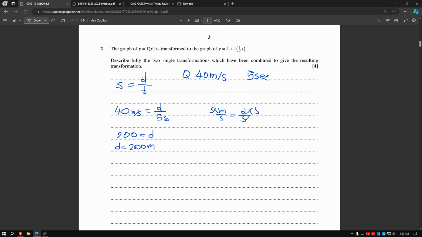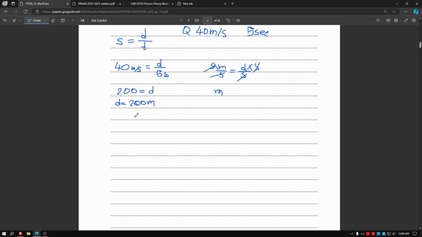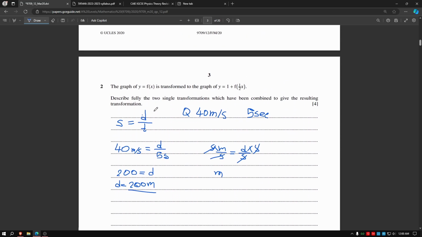Or you can also think about it as taking the s and side changing so it becomes multiplied. So this cancels out. What are you left with? The m, the meter only. So think about it only in terms of units. What if you side change the units? The units are also going to change. So only 200 meters is the answer.